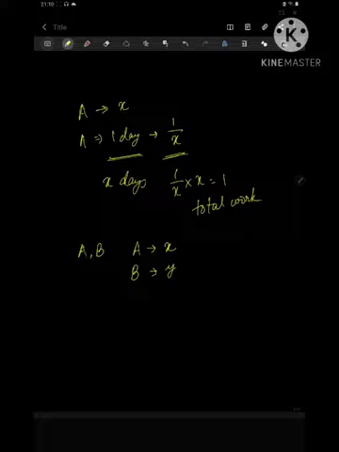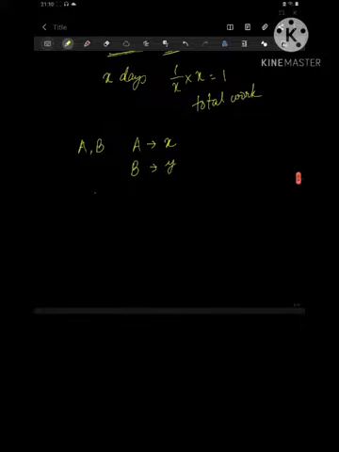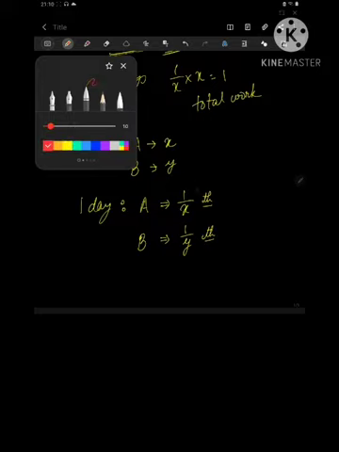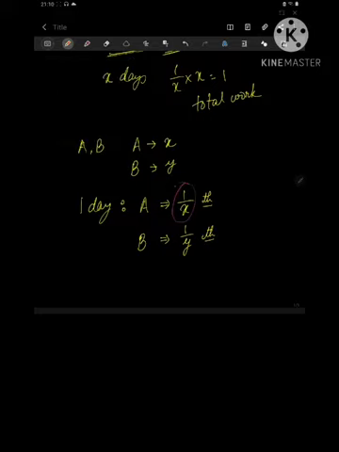So following the previous step, in one day A will do 1 by X of the work and B will complete 1 by Y of the work. So now we know that in one day A is performing this much of the work, and in one day B is performing this much of the work.